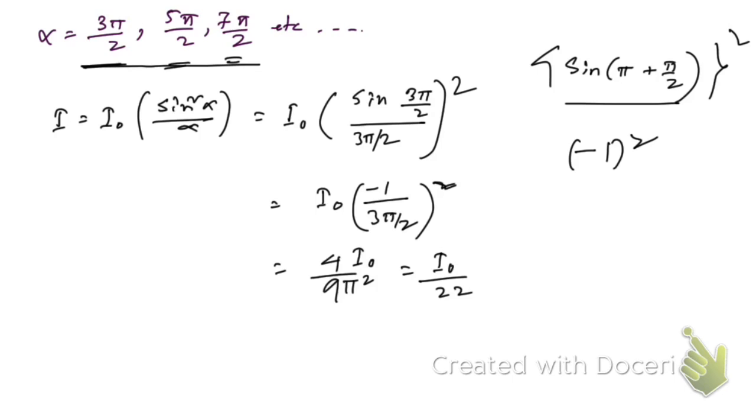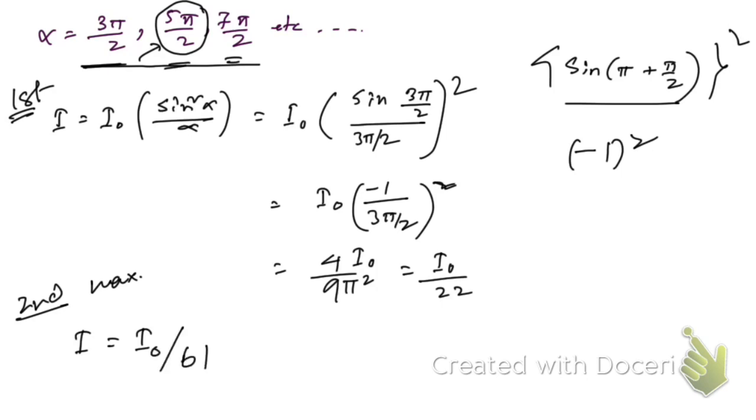Similarly, if we put 5 pi by 2 for the second secondary maxima, this is for the first secondary maxima, write it properly. And for the second secondary maxima, that's going to be I equal to, if you put the value of alpha as 5 pi by 2 and calculate this, then you're going to get I naught by 61.